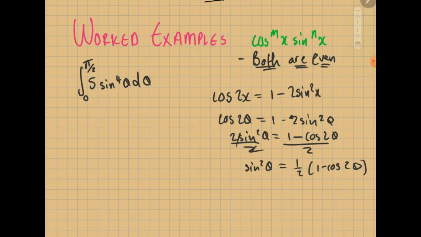So now what I know is that sine to the power of 4 of theta is equal to sine squared theta, all raised to the power of 2 again.